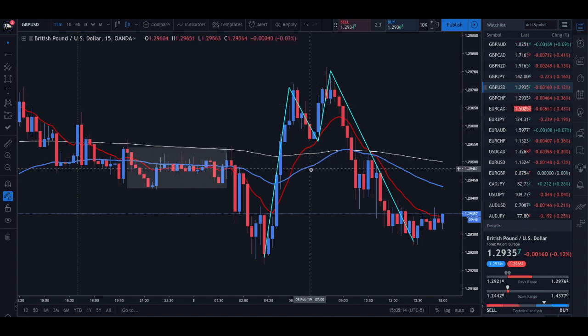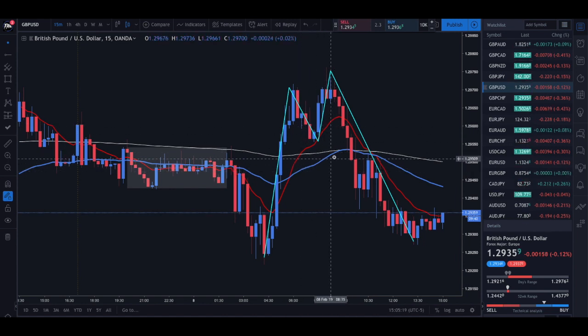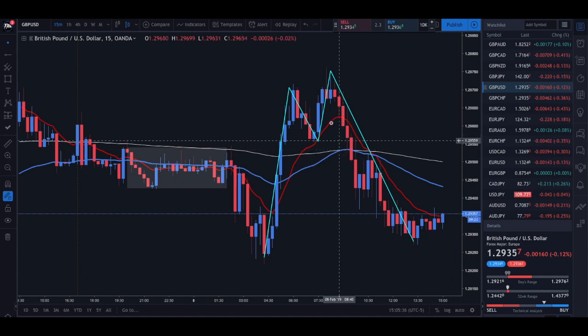Check this out, you see how these two EMAs almost crossed? That's another good thing they do to fake people out. A lot of people trade crossovers of the 50 and 200 EMA. Well, here's one that ended up being a fake crossover.